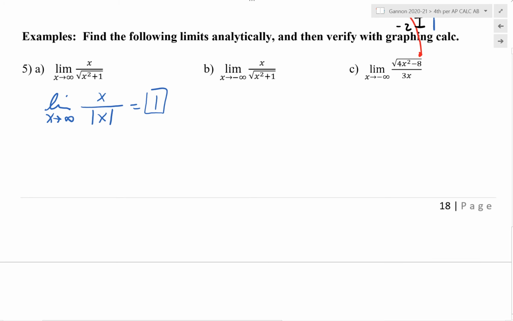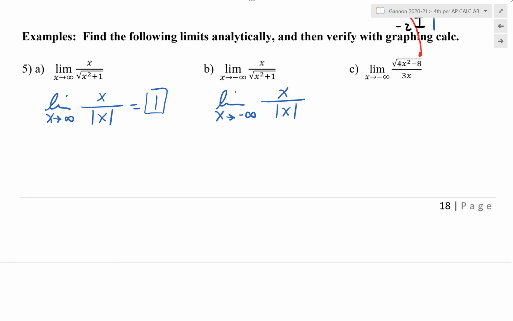All right, and we're going to take a look at these on a graphing calculator in a minute as well. Now when the limit is negative infinity, we can think of the square root of x squared plus 1 as the absolute value of x. So when you plug in values getting closer and closer to negative infinity, your numerator is going to be a negative value.